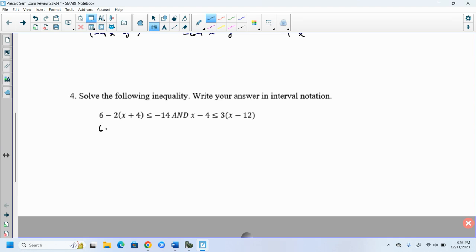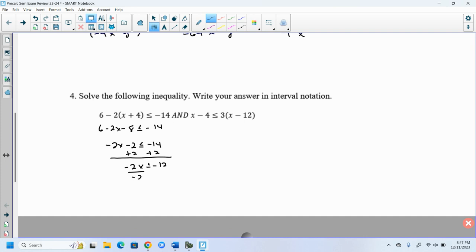And I get 6 minus 2x minus 8 is less than or equal to negative 14. Negative 2x, 6 minus 8 is negative 2, is less than or equal to negative 14. Add 2, I get negative 2x is less than or equal to negative 12.